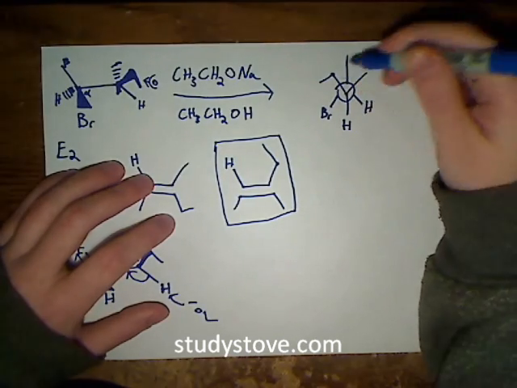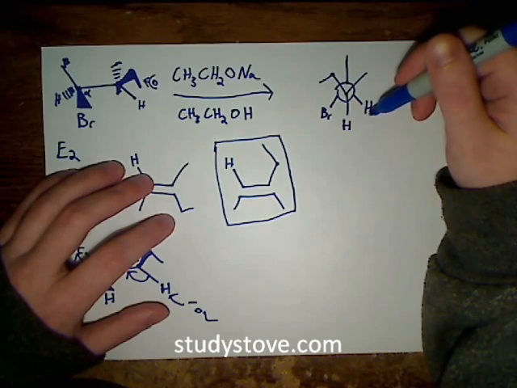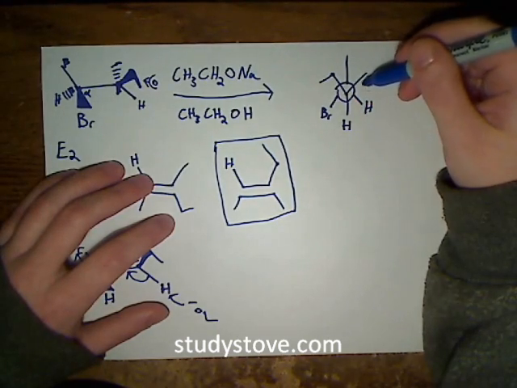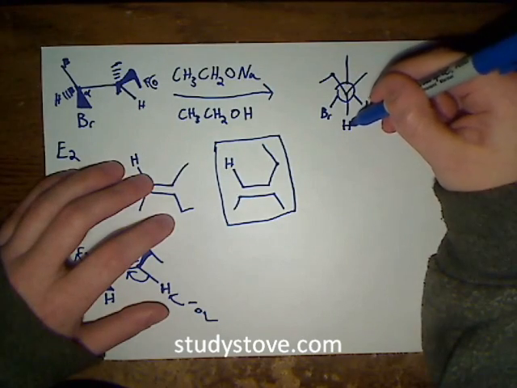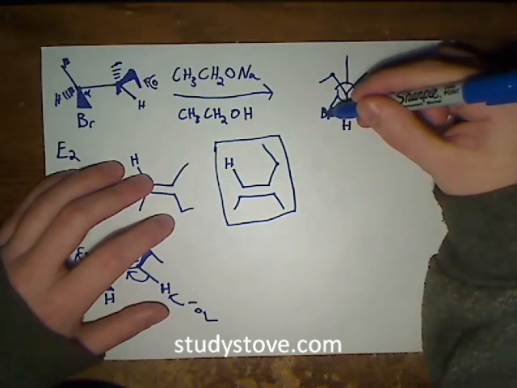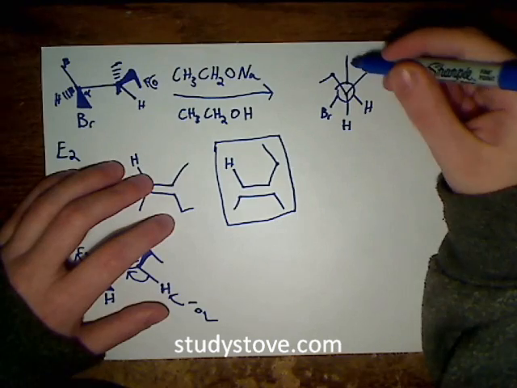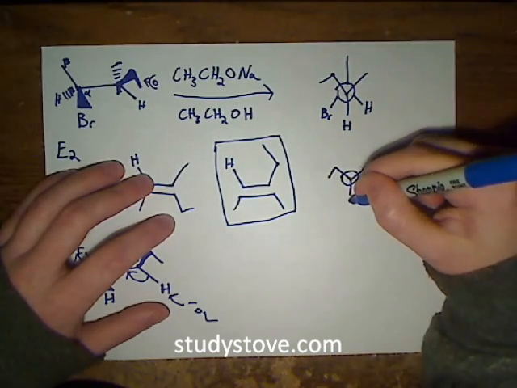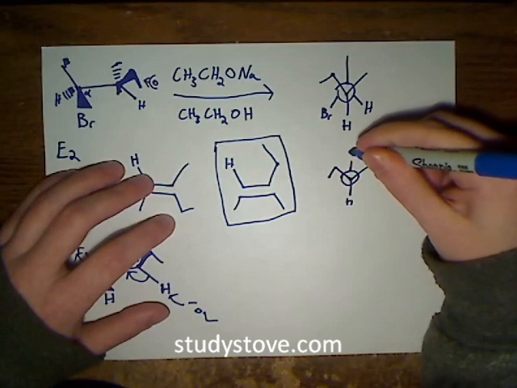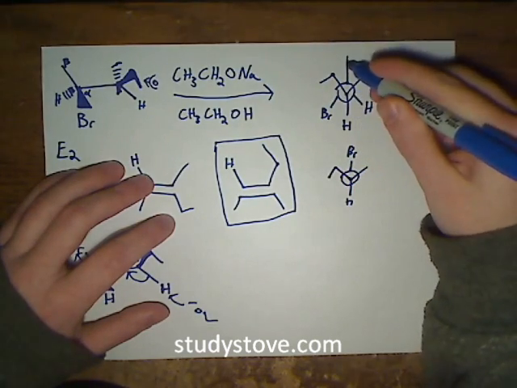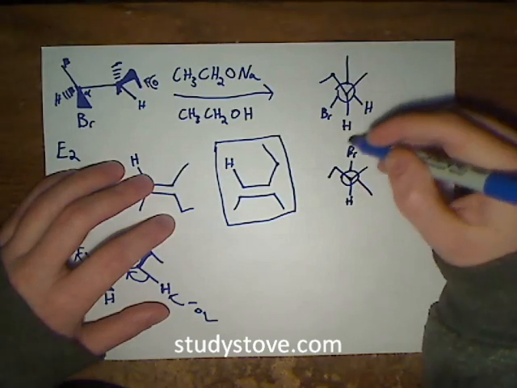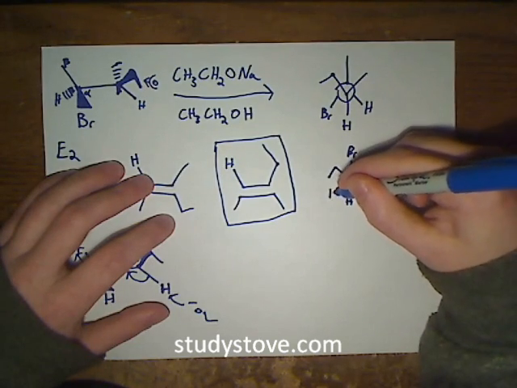With this, it's a bit easier to put these substituents so that they are antiperiplanar. This is the hydrogen that's going to react with the base, and we need to have the bromine up here. So you can just redraw that so that our bromine is antiperiplanar, and now we'll have our methyl group on the lower right, and hydrogen on the lower left.